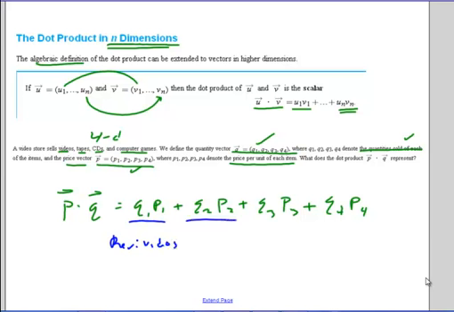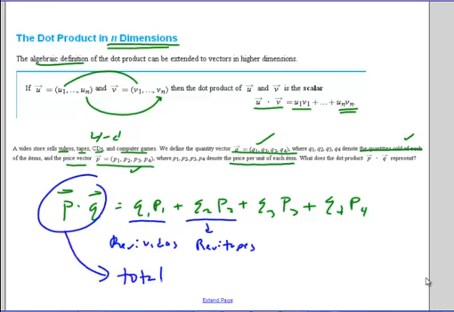And Q2 P2 is my revenue from tapes. So this whole thing is my total revenue, because it's how much I'm selling of each item times the price of those items. So there's a nice little application of the dot product.